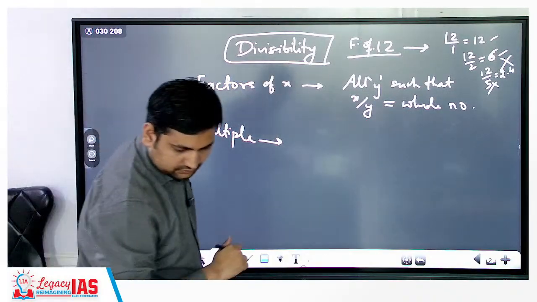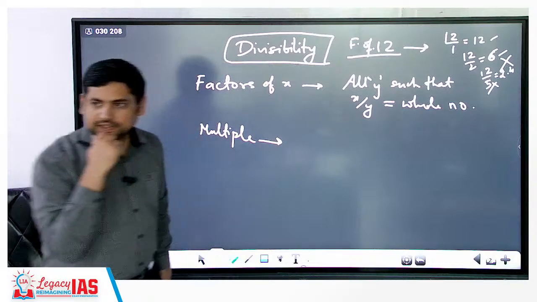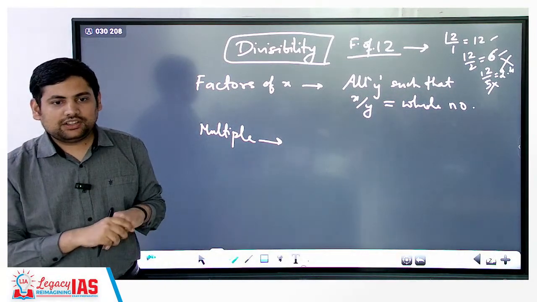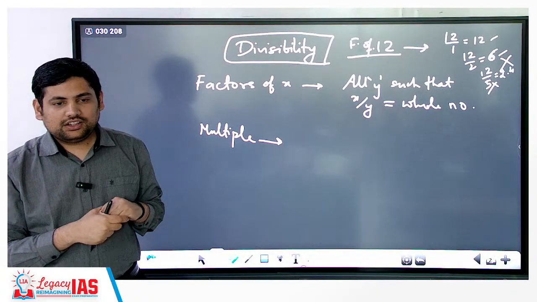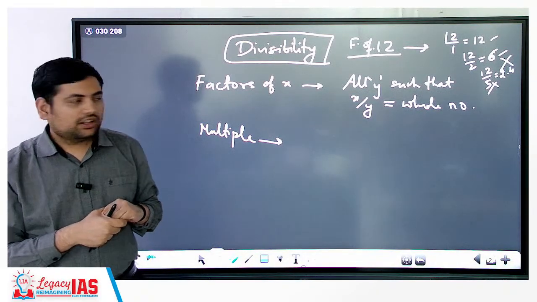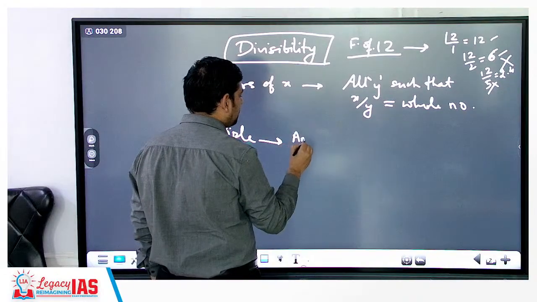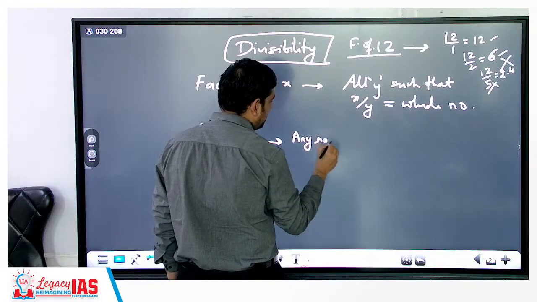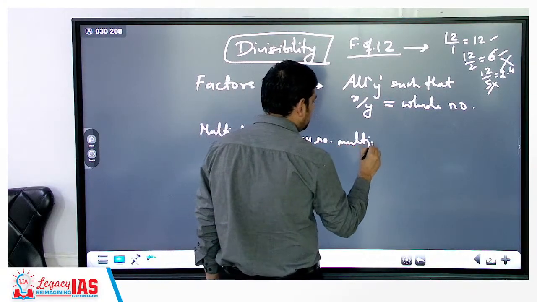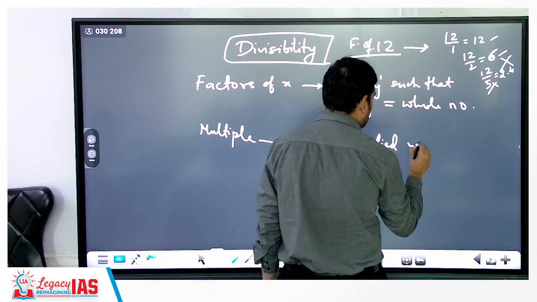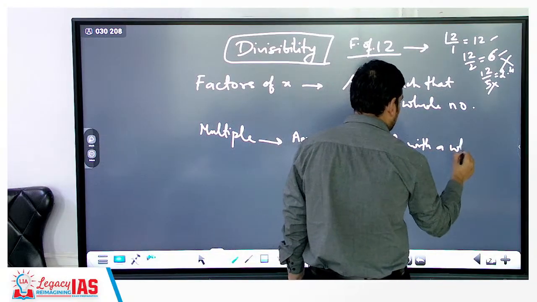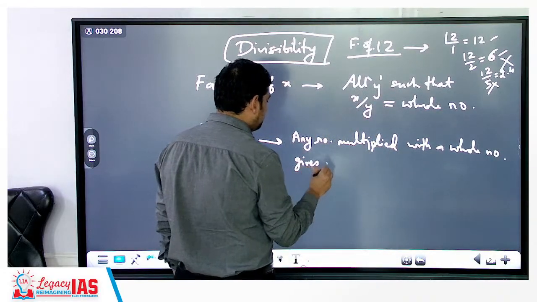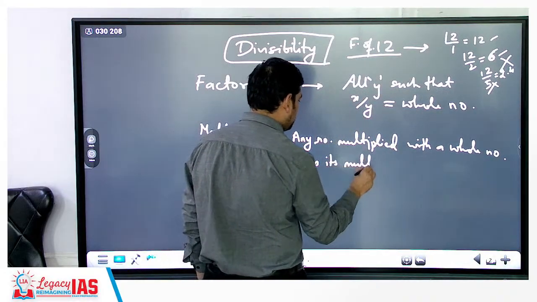Then what is a multiple? Basically any number multiplied with a whole number gives its multiples.